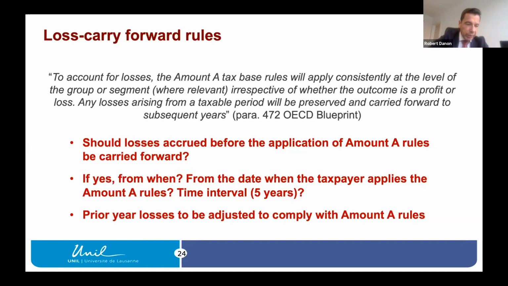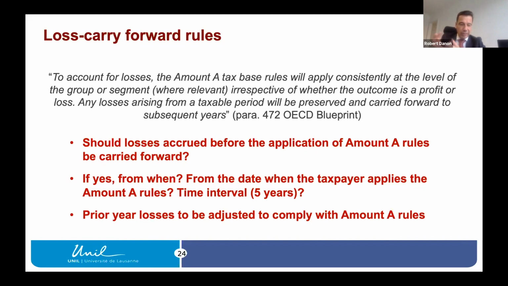What is very interesting in the discussion from a conceptual point of view is I can understand, of course, the point of view of the source state to say, we don't want these pre-regime losses to be taken into consideration.